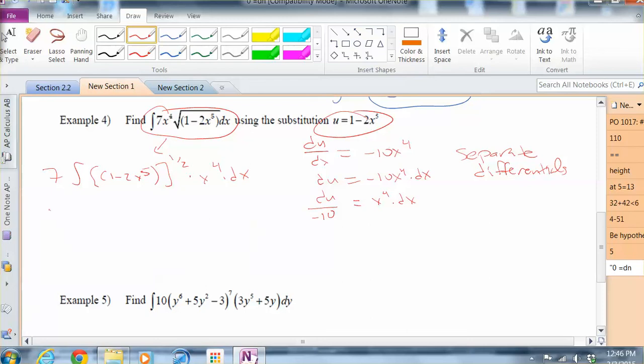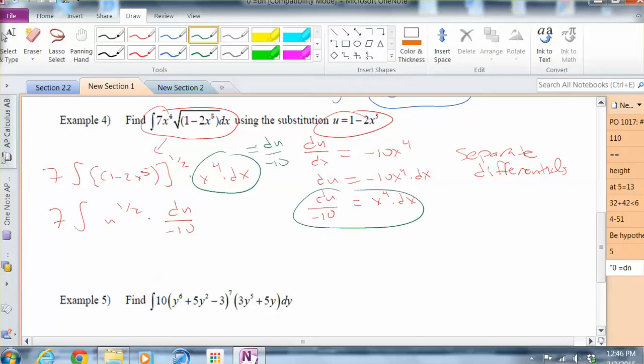So now I substitute. 7 integral u to the 1/2 power times du over negative 10. That's because this portion right here, that we got from over here, is du over negative 10. And of course, this portion right here is just u. So now when I do my antiderivative, 7 times u to the 3/2 power, divided by 3/2, and actually I can make that 7 over negative 10, by the way, plus c.